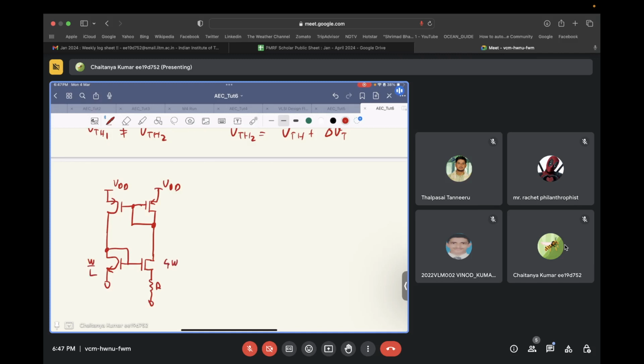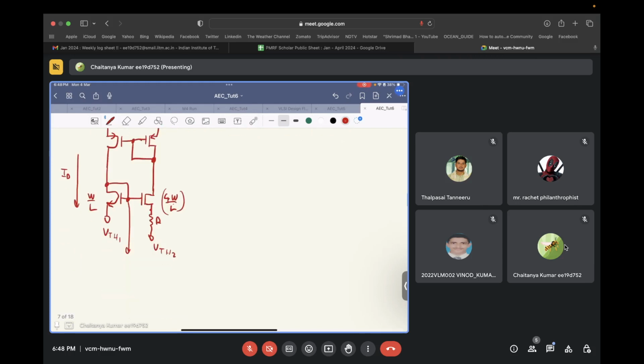W by L and 4W by L. Okay, so this has a threshold voltage of VTH1, and this has a threshold voltage of VTH2. Okay, so let's say the same current, ID, was flowing through this. The voltage developed at this node will be V overdrive plus VTH1, where V overdrive is the overdrive voltage of transistor M1.